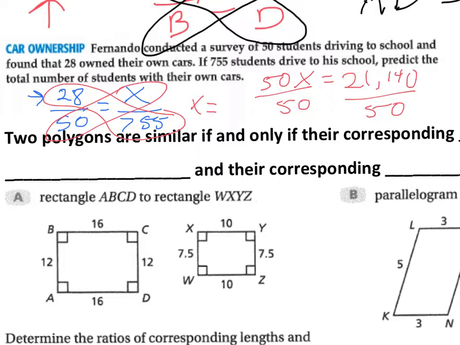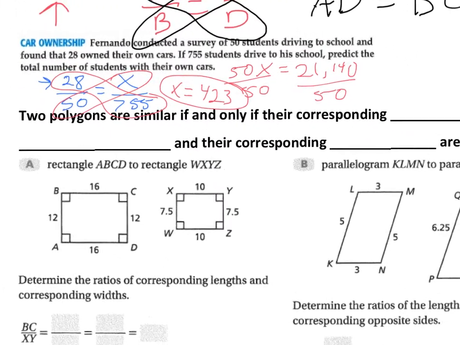Let me multiply that real quick. 21,140 divided by 50 equals 422.8, or we'll round it to, since we're talking about people, 423. So about 423 students would own their cars out of 755, because we have two proportions that we're saying are equal to each other.